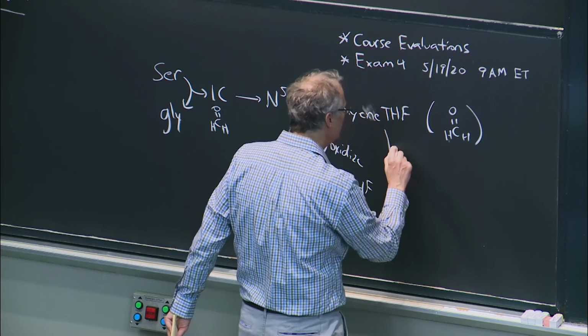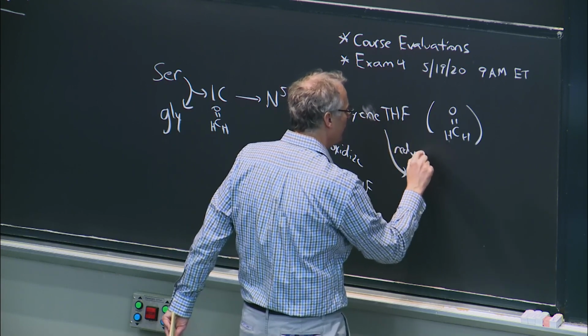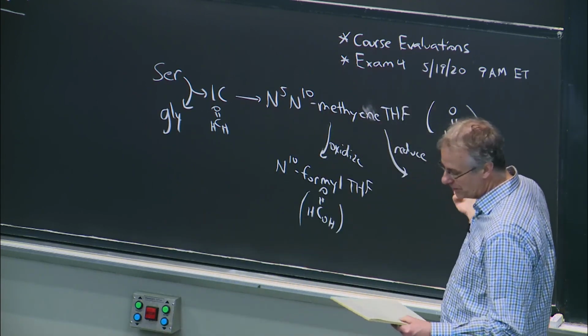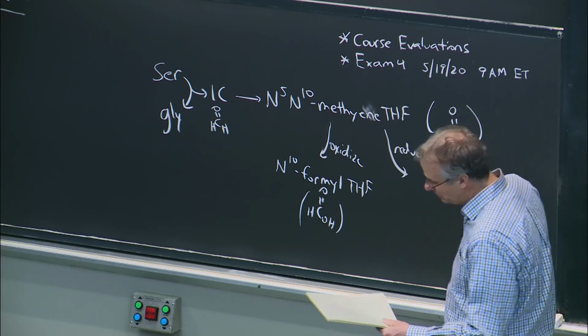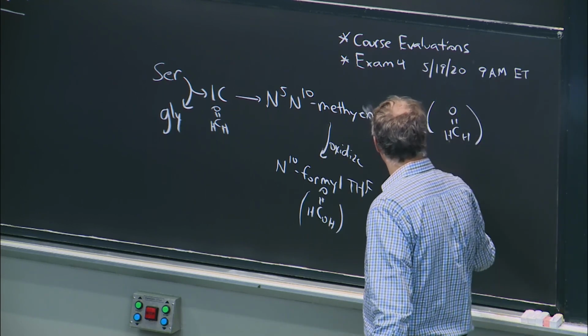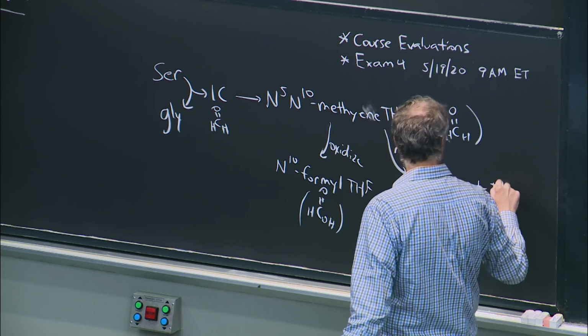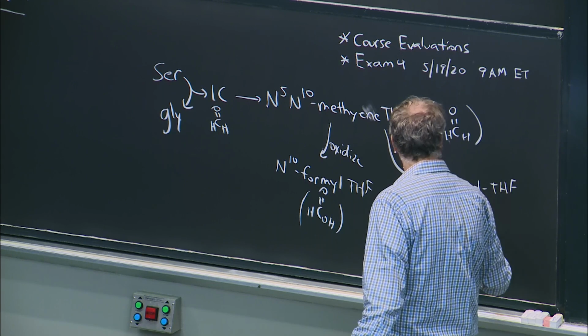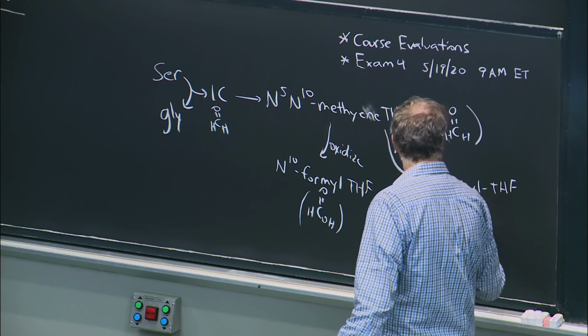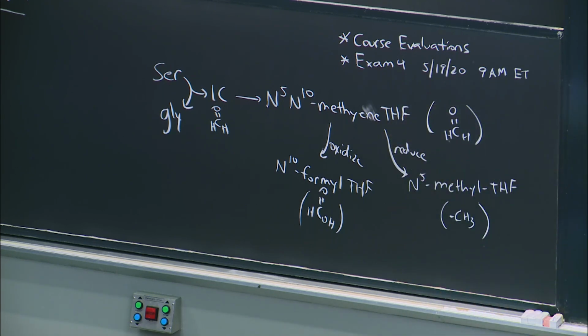Or we can reduce that one-carbon unit to the methyl group, and that's carrying it as the N5-methyl-THF. Okay, so carrying this as a methyl group, more reduced carbon than where we started.